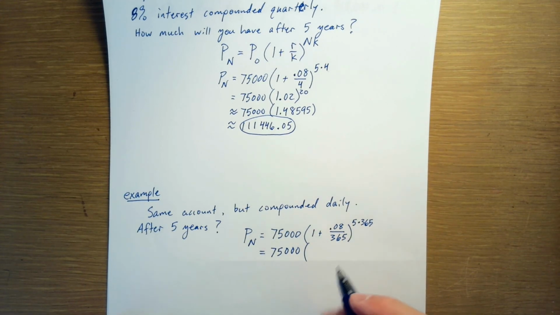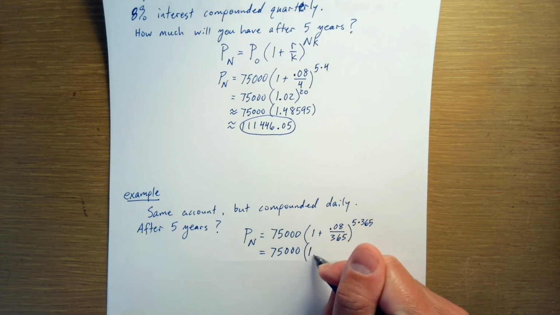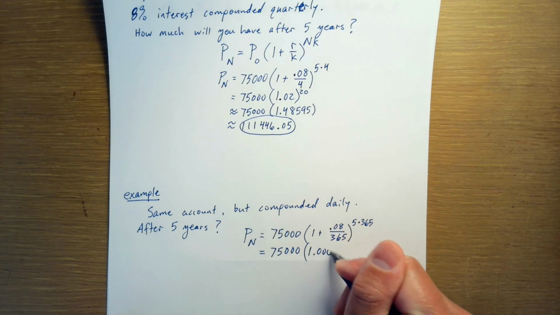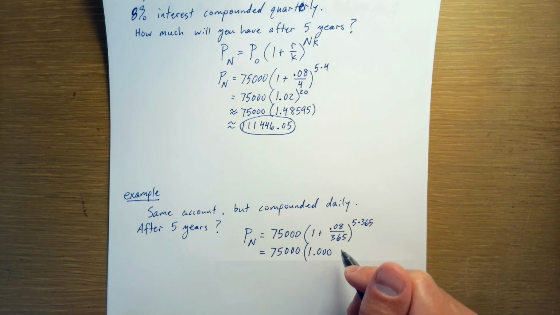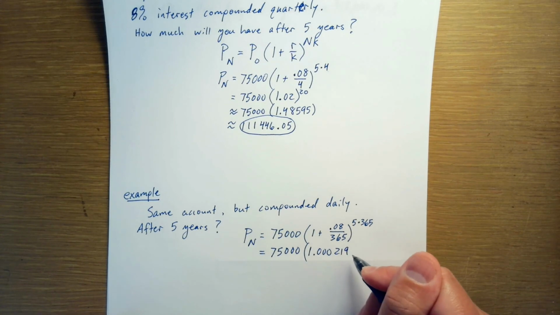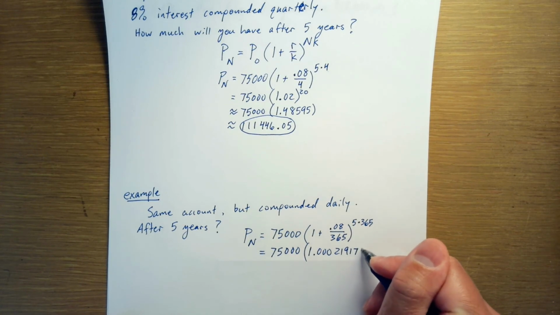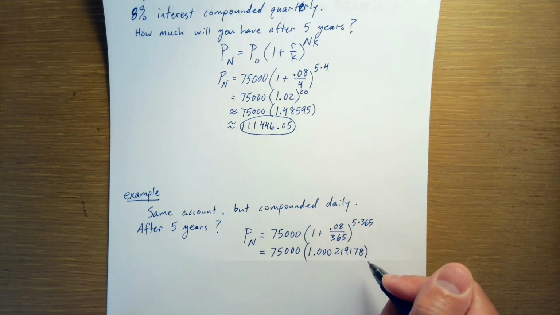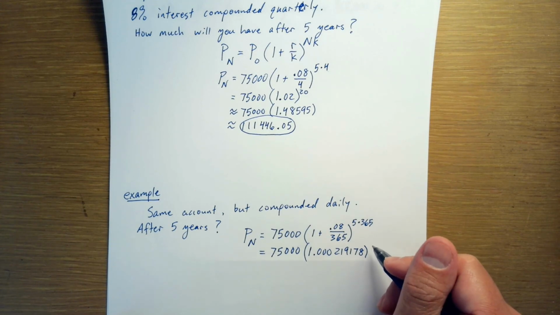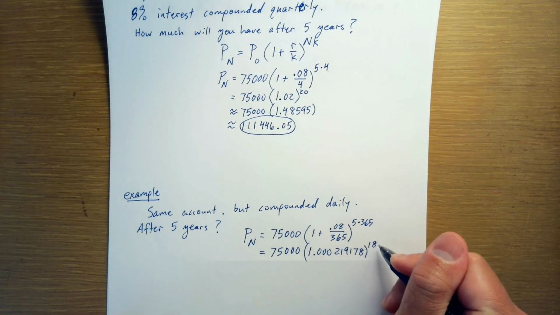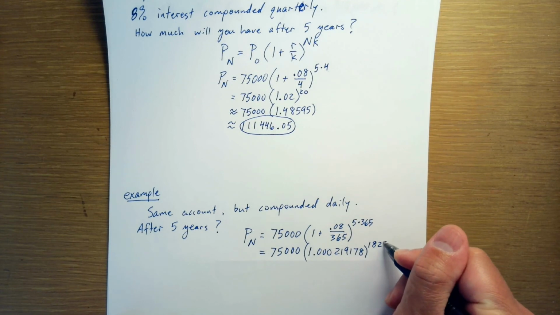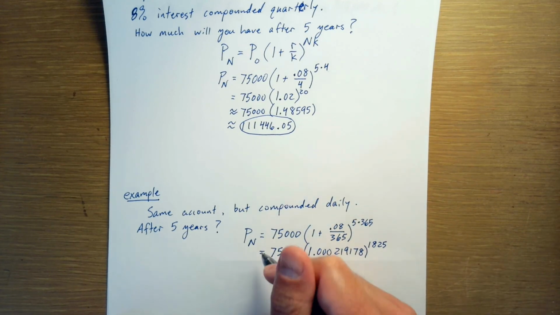This is a pretty bad decimal that we get in here. It's 1.3 zeros 219 178. And then 5 times 365 is 1,825. And also this is an approximation.